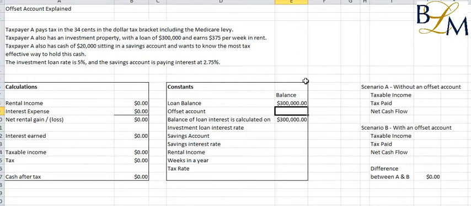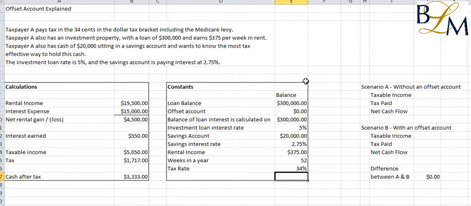The offset account is 0. The investment loan is paying interest at 5%. The savings account has $20,000 sitting in it, earning interest at 2.75%. Rental income is $375 per week. There are 52 weeks in the year, and the tax rate is 34 cents in the dollar.